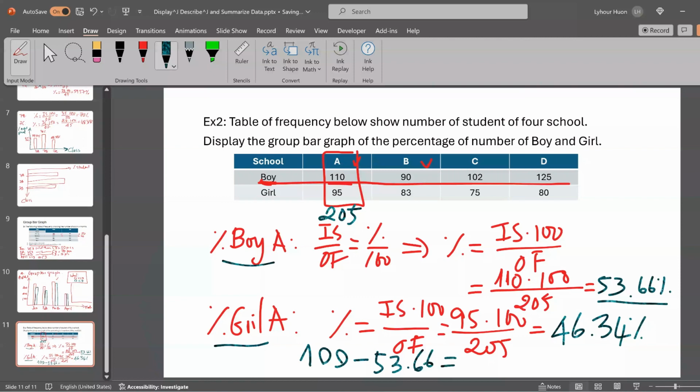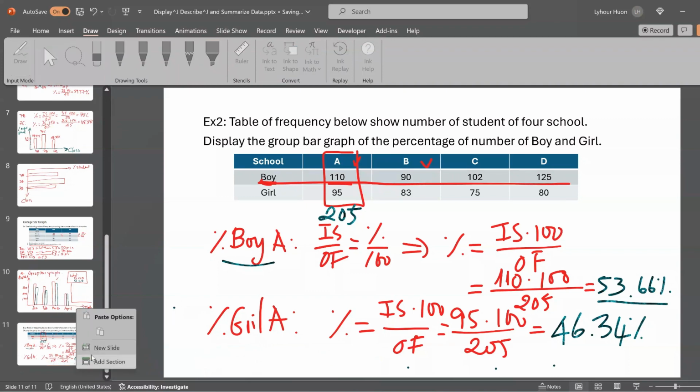So we can use either way. It should be 46.34, the same. So either way is fine.